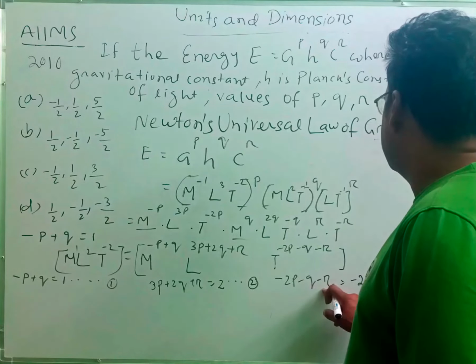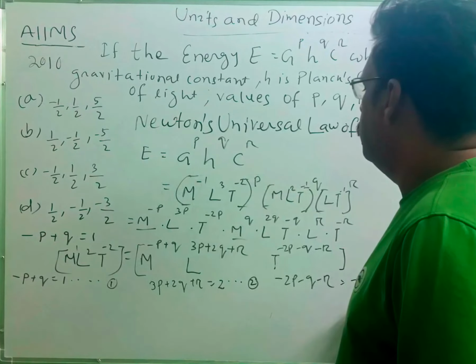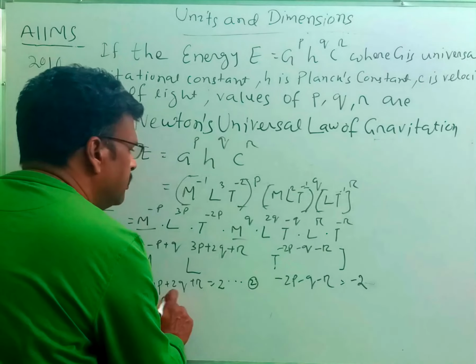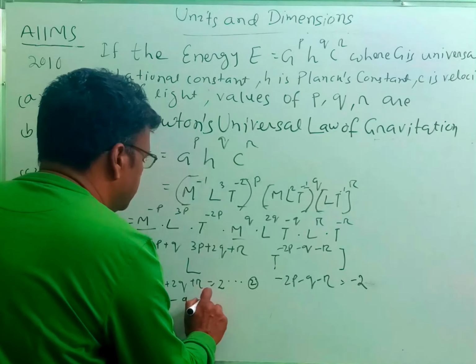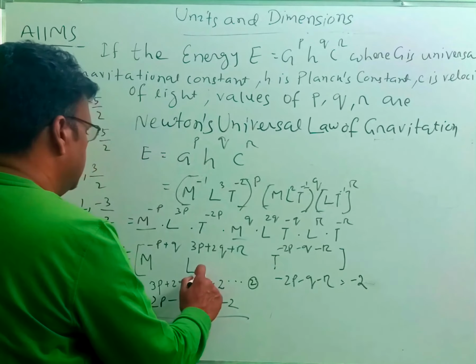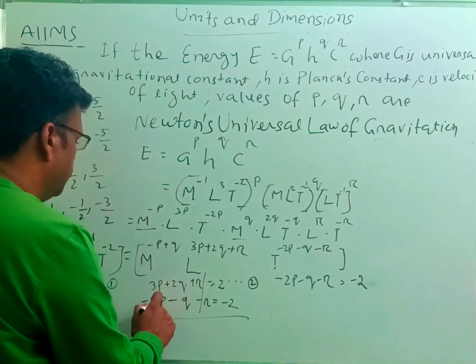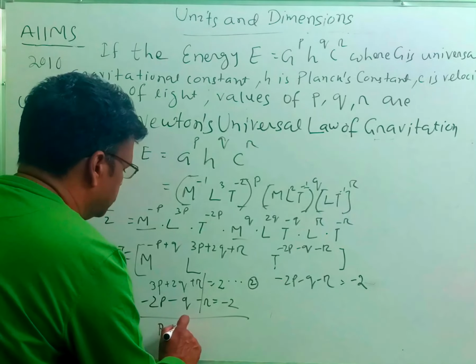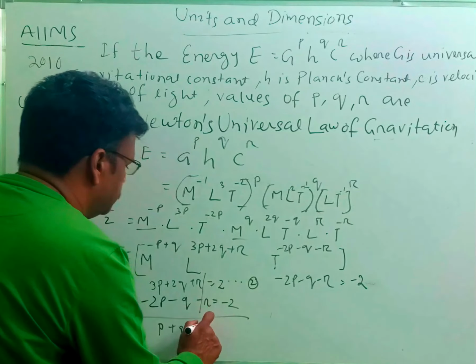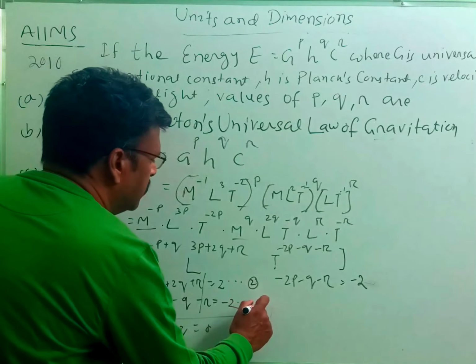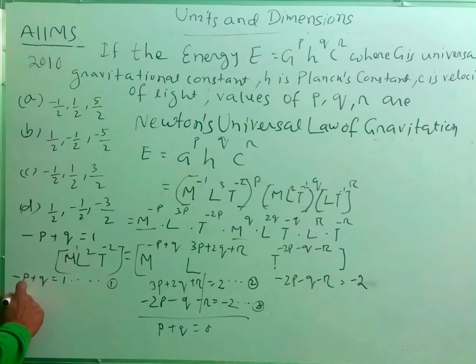So minus 2p minus q minus r is equal to minus 2. So let us add these. This r cancels out. 3p minus 2p is p, and 2q minus q is plus q. On adding equations 2 and 3, we got p plus q is equal to 0.